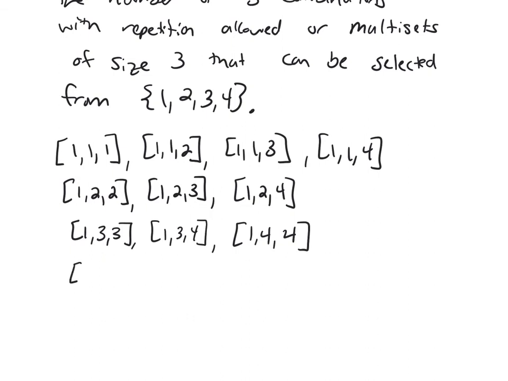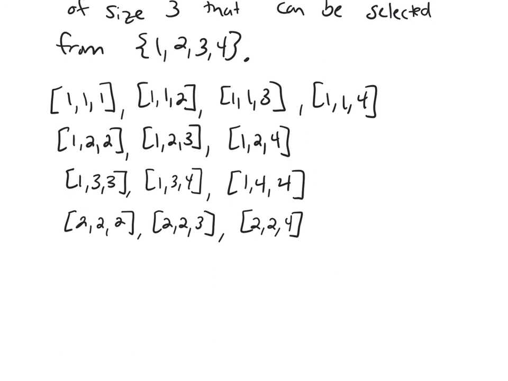So now let's look at the ones that contain 2s in them. So 2 2s, and then the option is a 2, a 3, or a 4. Those are all the multisets with 2 2s in them.